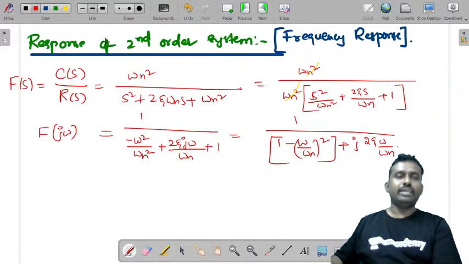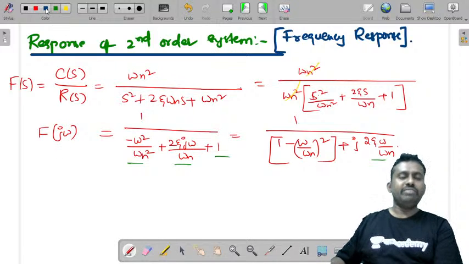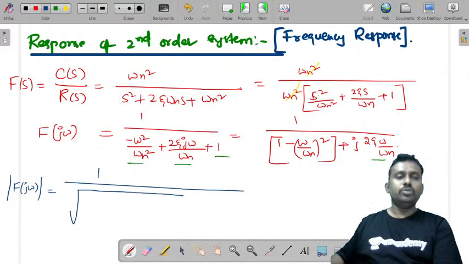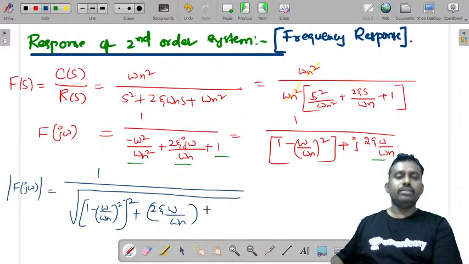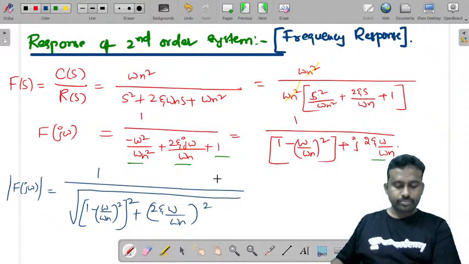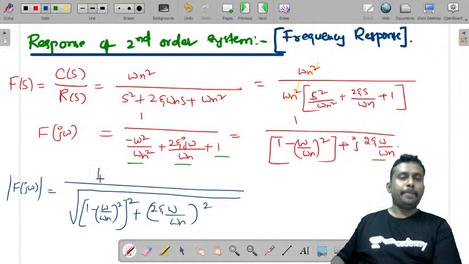I'm separating the real and imaginary parts, because I want to find the magnitude and phase angle. The first term is the real part and this is the imaginary part. So what is the magnitude of F of j omega? The magnitude is 1 by the square root of 1 minus omega by omega n whole square, plus 2 zeta omega by omega n whole square. We also have to write the phase angle.